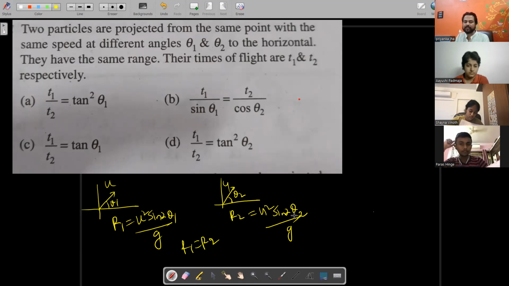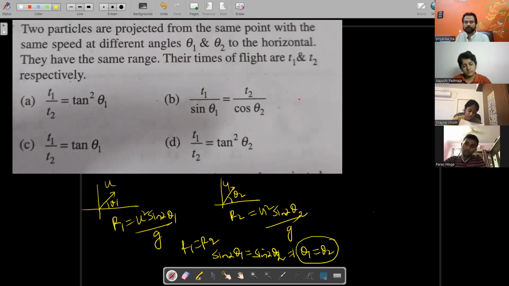So sine 2 theta 1 must be equal to sine 2 theta 2. Their times of flight are T1 and T2.